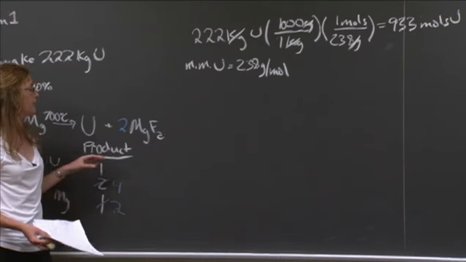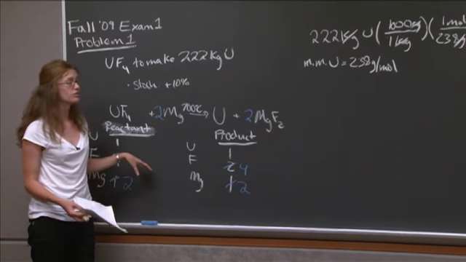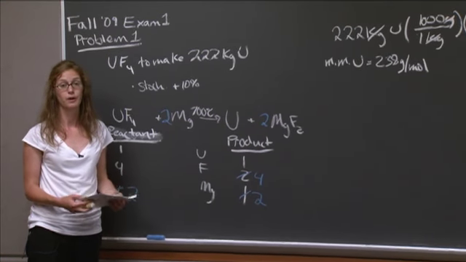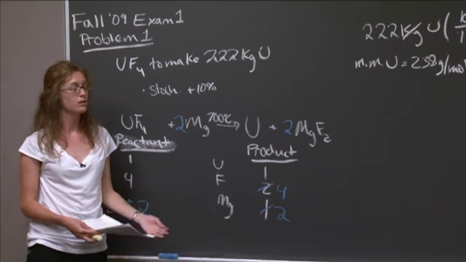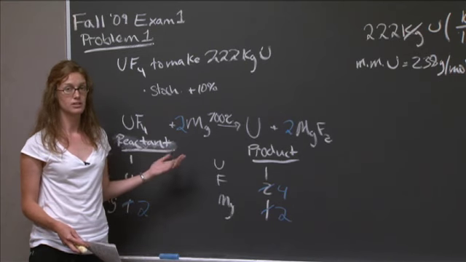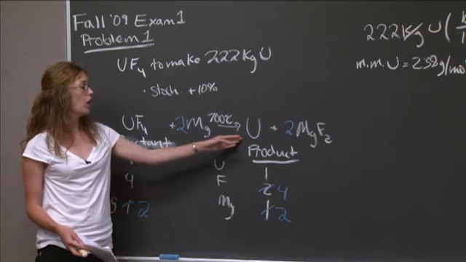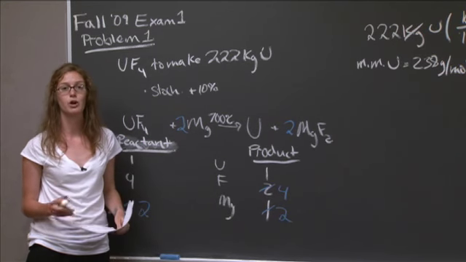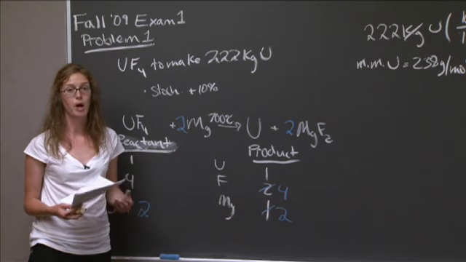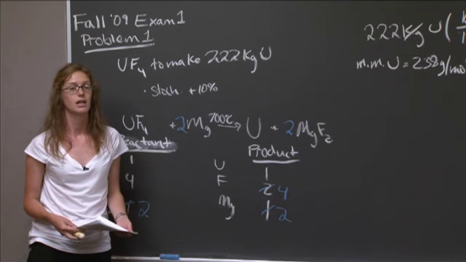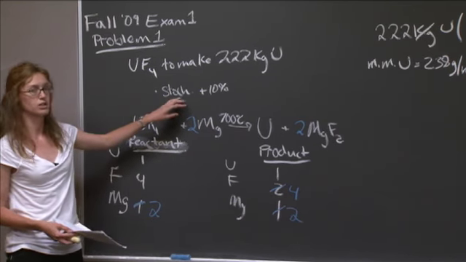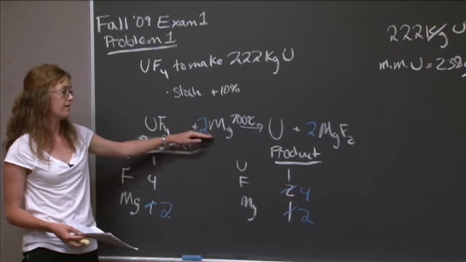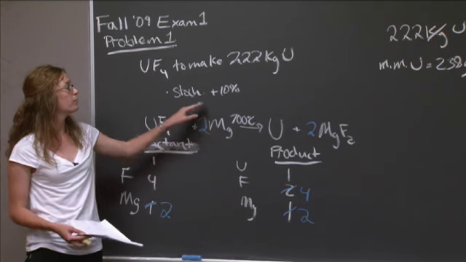Now we can use the chemical equation to determine how much uranium tetrafluoride we need. The chemical equation tells us that we need a 1-to-1 ratio of uranium tetrafluoride. However, this is where we need to go back to what the problem was actually asking us. Remember that we need the stoichiometric equivalent, which is given by this mole ratio, plus 10%.